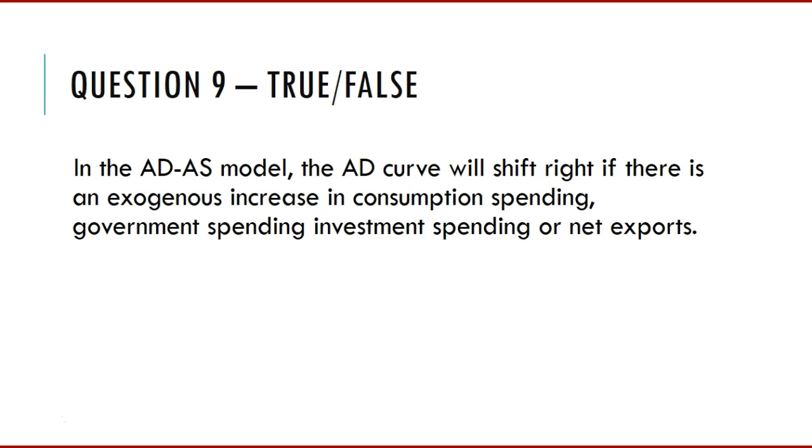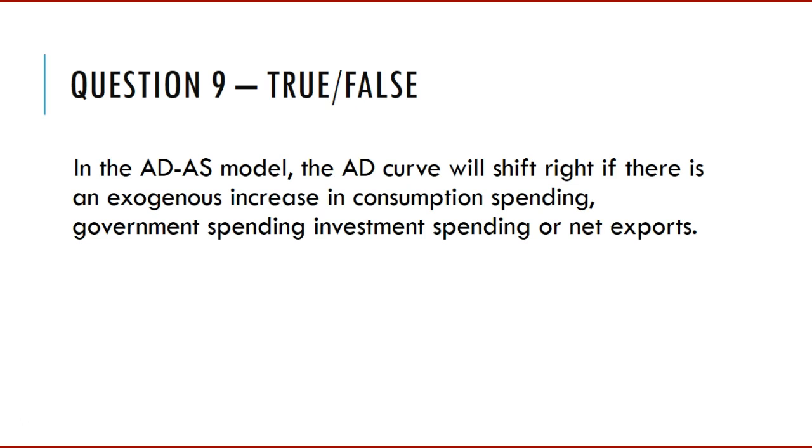Exogenous here means a change in C or G or I or NX that is independent of prices, or the inflation rate, and of the prevailing level of income in the economy, the current level of income in the economy.